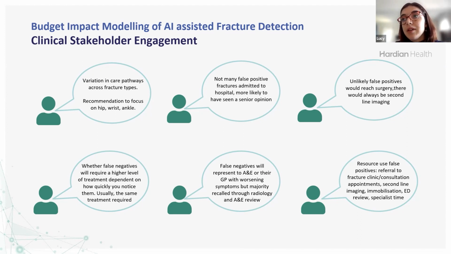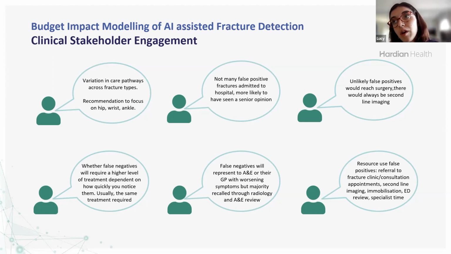And in terms of the false positives, we did initially think, from the literature, that it might be possible that some patients with a false positive may then have access to certain treatments. But then we really used the KOLs to understand how far down care pathways those patients would get.